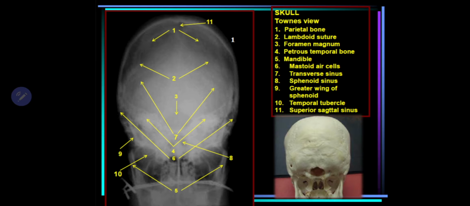Okay, now let's discuss more. You can see the parietal bone on either side. This is the lambdoid suture. This is the area of the foramen magnum. This is the petrous temporal bone. This is the area of the mastoid air cells.